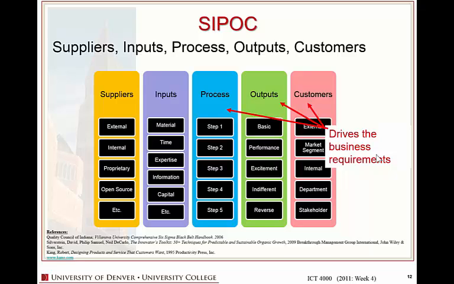So we've identified our customers, we've identified what our customers need, and then our process determines how we are actually going to deliver those features and functions and non-functional requirements to our customers. And it's the process that will in many ways drive our requirements, particularly our non-functional requirements that we need to actually articulate.